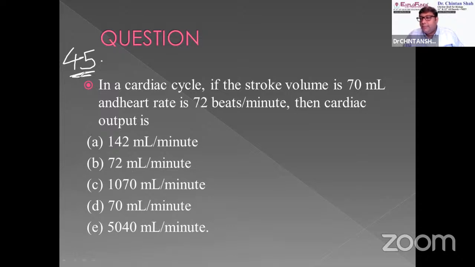And just answer me. In the cardiac cycle, the stroke volume is 70 ml and the heart rate is 72 beats per minute. Then the cardiac output is how much?